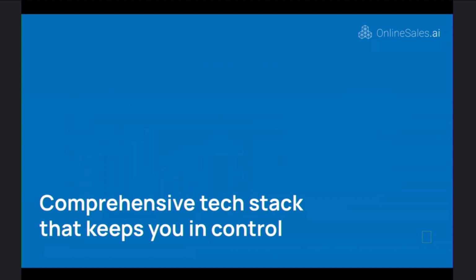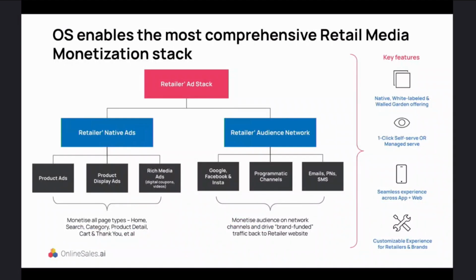So what we do is, think of us like Amazon Marketing Services. What Amazon has been building for the last 11, 12 years is something we offer for online marketplaces and online retailers, which helps you keep in control. I just want to spend some time on this specific slide.